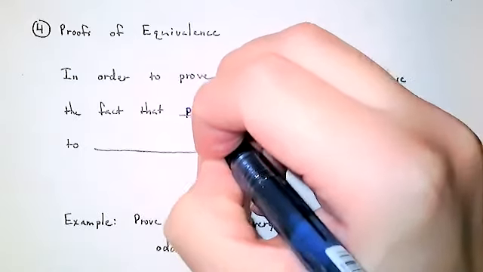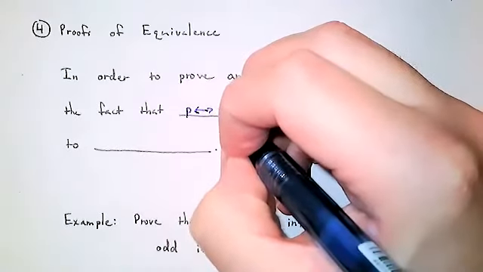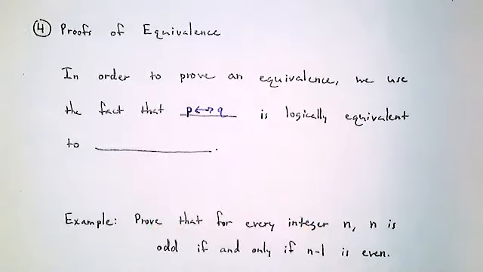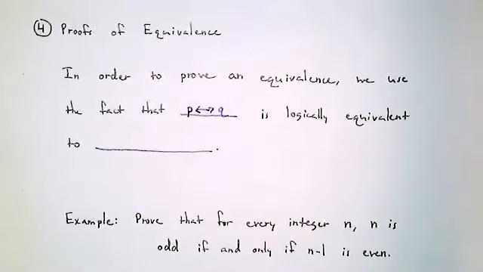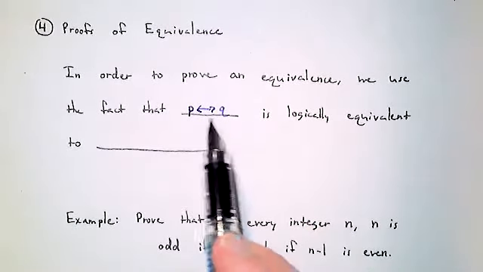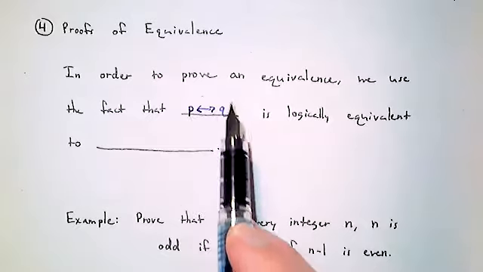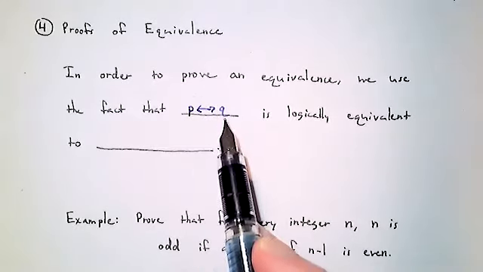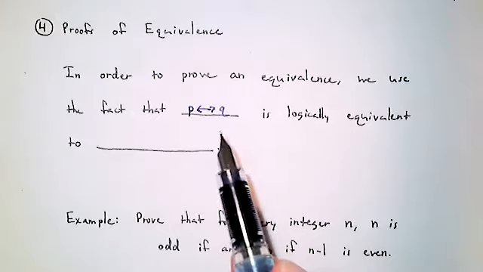Remember, biconditionals look like this. It's an arrow between your two simple propositions pointing both directions. And remember, this biconditional statement is true if P and Q both have the same truth value.